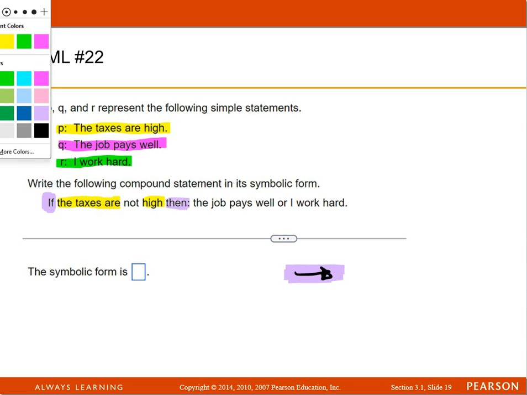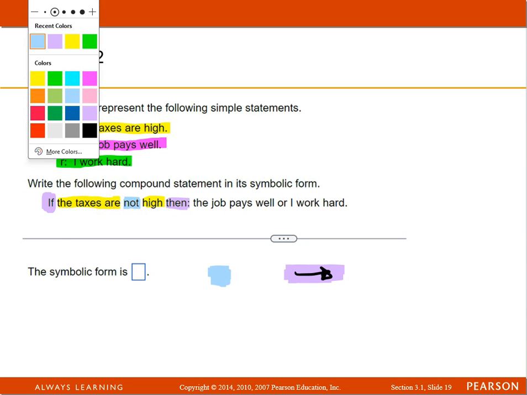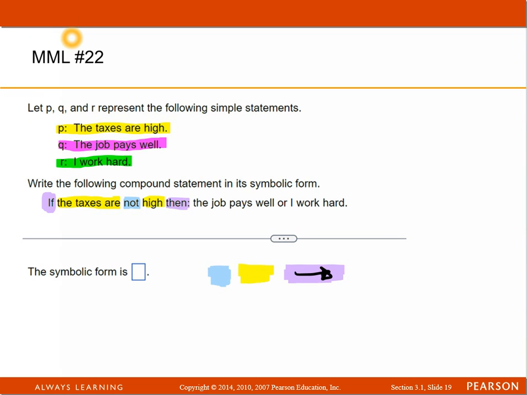When they throw in the word not, that is negating the statement. So I am going to need a negation of the yellow stuff. And so the negation symbol looks like that, and yellow was the letter P. So it's if all of that, then the job pays well.